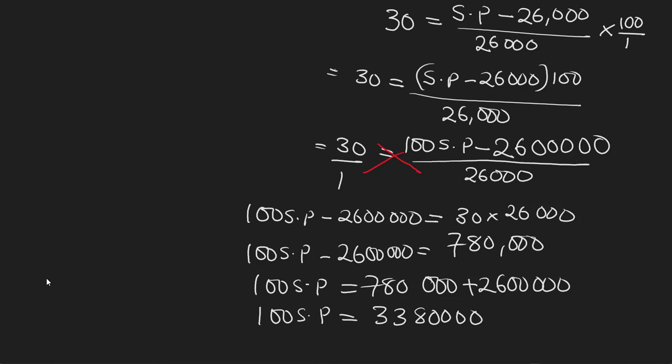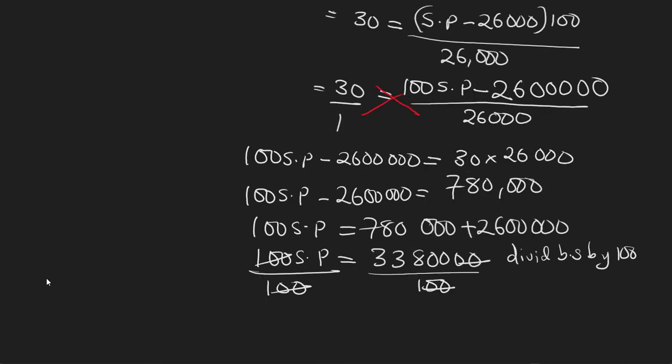So what I'm going to do, we're looking for SP, so we divide both sides by 100. This one will cancel this, then these two zeros will cancel these two zeros. We get 33,800. So our selling price is equal to 33,800. So this is our selling price.